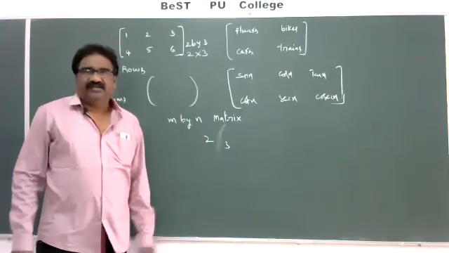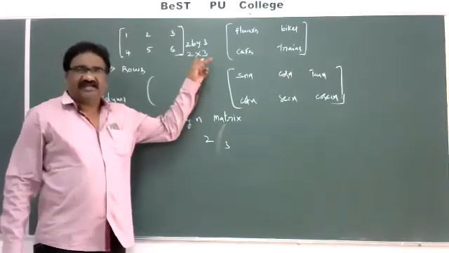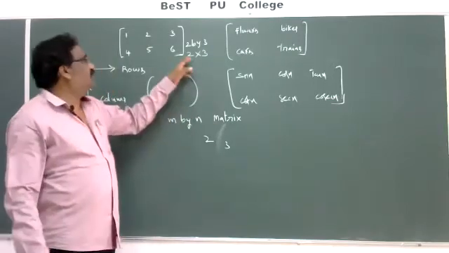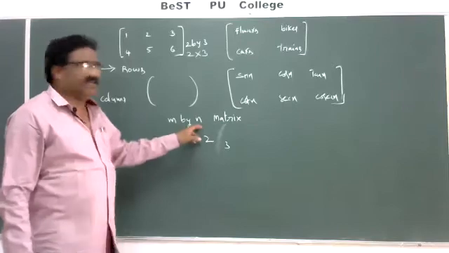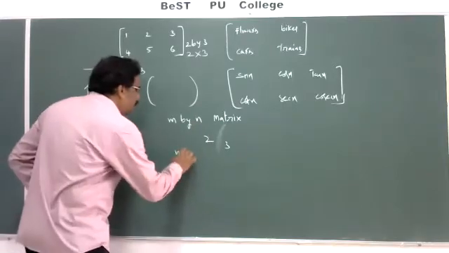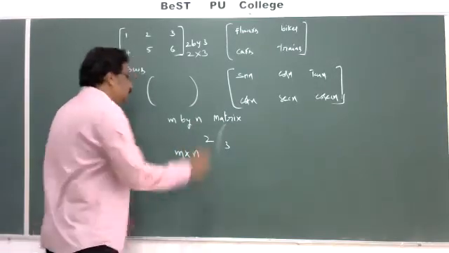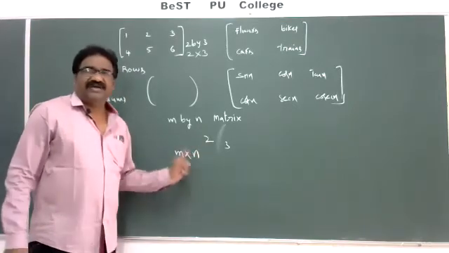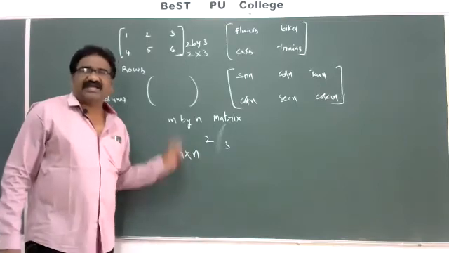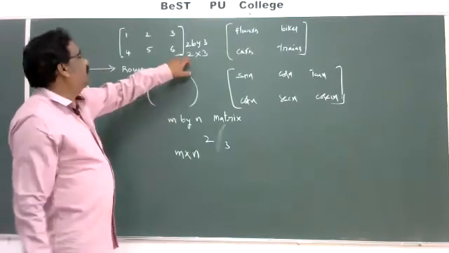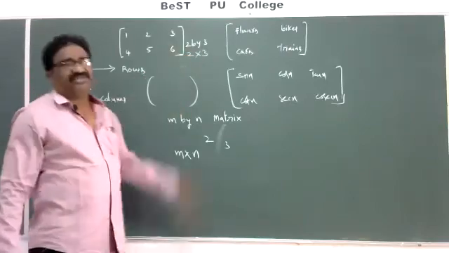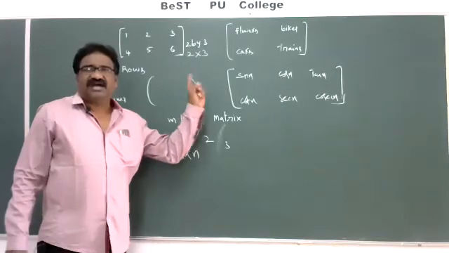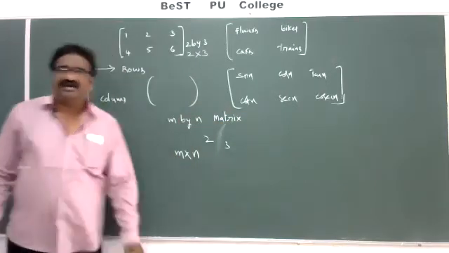You can express the order of the matrix as M cross N, and you read it as M by N. M rows and N columns. For example, here the order of the matrix is 2 by 3: 2 rows and 3 columns. That is called the order of the matrix.